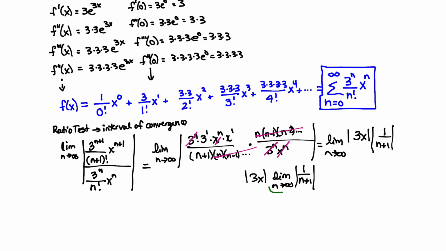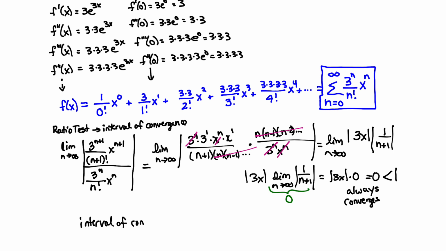That whole thing, thank you, James, that whole thing goes to 0. So the absolute value of any number times 0 is also 0, which is always less than 1. And when you apply the ratio test and you get a number that's always less than 1, that means this always converges absolutely. So you would say that your interval of convergence is negative infinity to positive infinity, and your radius is also going to be infinity.